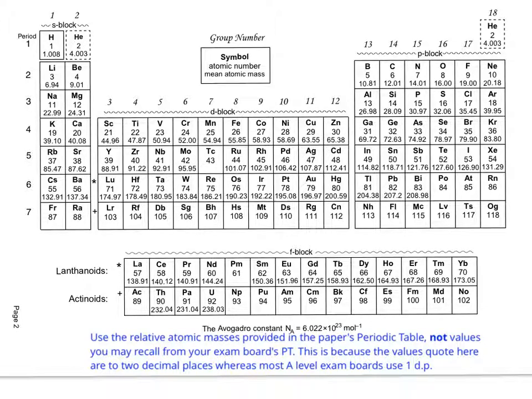The periodic tables from most exam boards at A level use 1 decimal place. So for example, chlorine being 35.5 would be the first thing that comes into most people's heads, or calcium maybe 40.1. If you look at chlorine here, it's 35.45. You'd round it to 35.5, but it's 35.45 here.